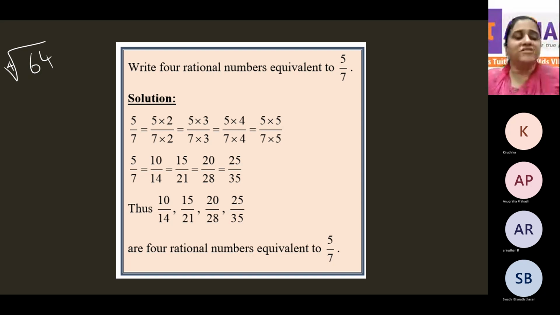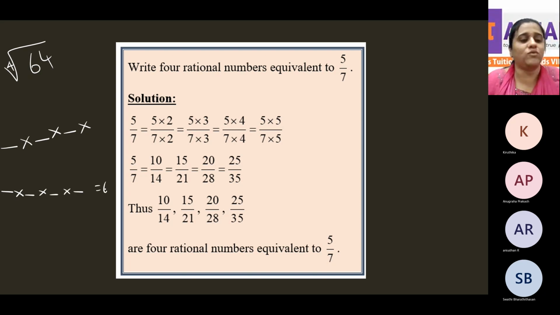Is there any natural number which when multiplied with itself 4 times can produce 64? Something into something into something into something is equal to 64. It is not something into something else.